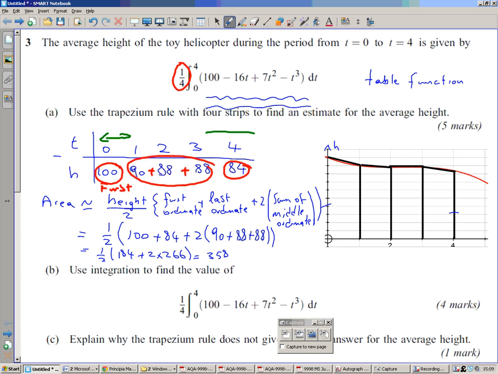This is the average value. Why do you think it's 4, by the way? I know it told you a quarter, but why do you think? Because this gives you the average height. The thing that we've got, as we see, it starts with 100 and goes down to 84, so we'd expect a number between 100 and 84, wouldn't we, when we do this? Why do you think it's divided by 4?